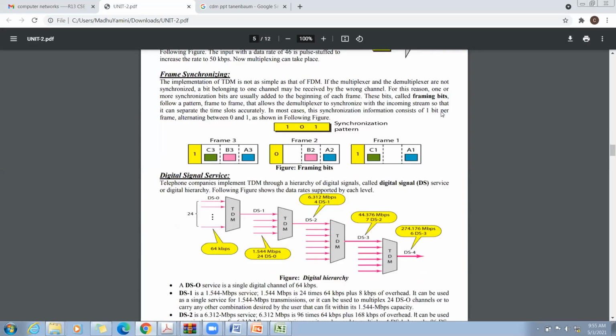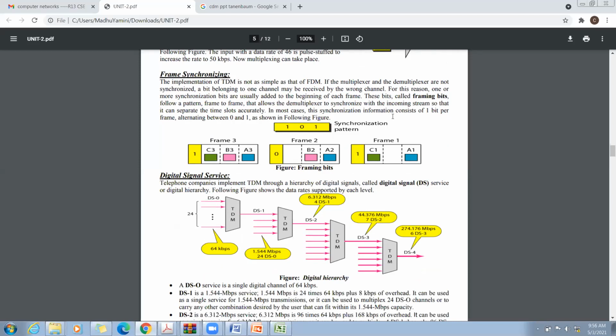Next one, frame synchronizing. Frame synchronization means, see, whatever the multiplexing technique we have, we need to have synchronization.